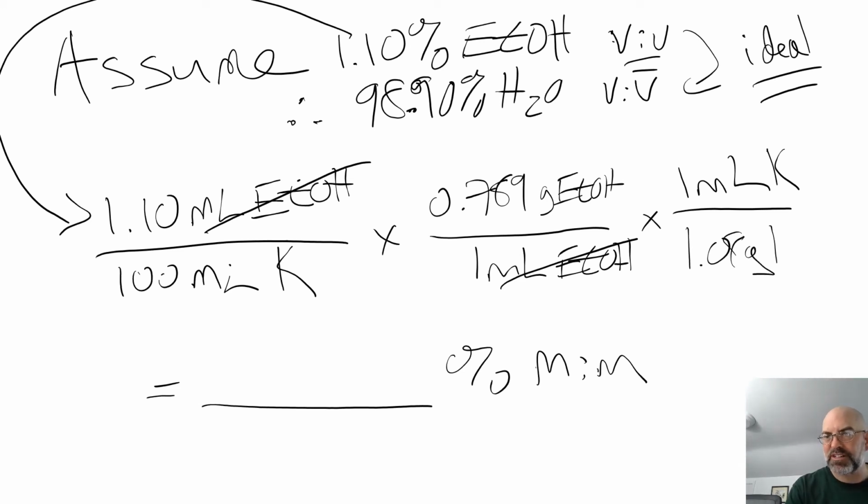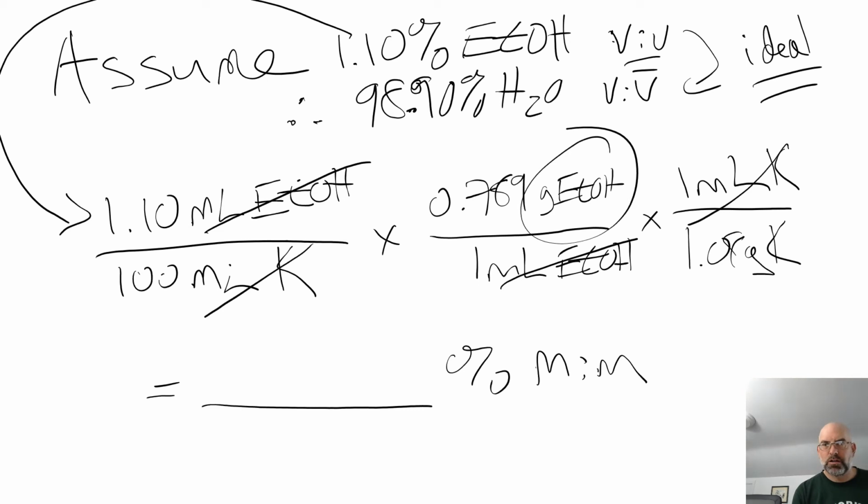You couldn't look that up on a table or anything. Kombucha is not a standard solution. Okay, and what do we have here? Well, we're going to have grams of ethanol per gram of kombucha, and then we would just multiply this by 100. And that would give you the percent by mass. Okay, now I'm just going to outline this for you.